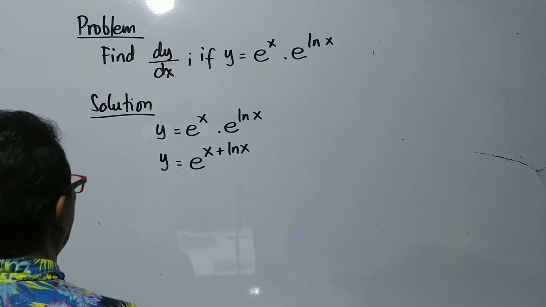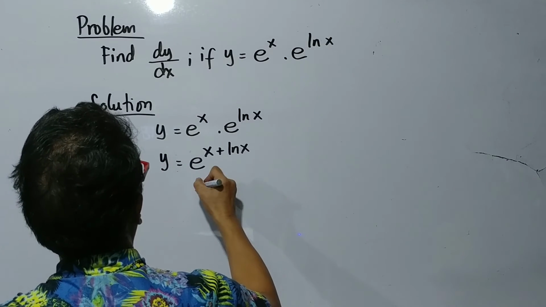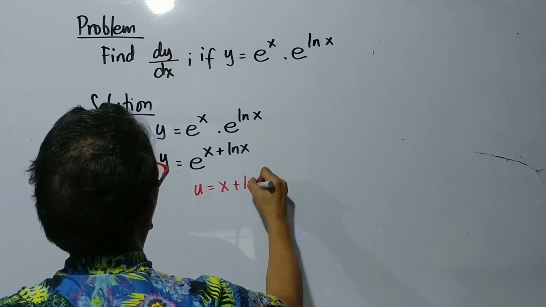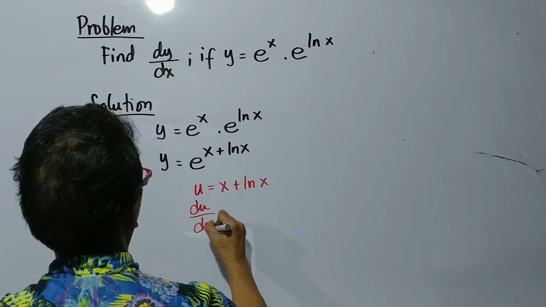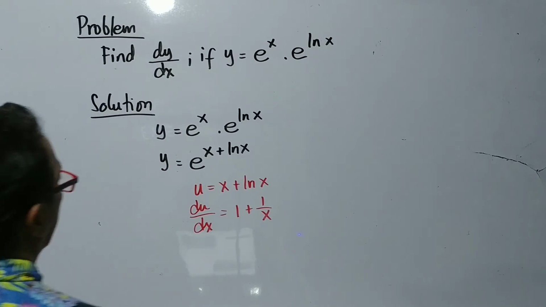Our u here is x plus ln of x. Our du dx is equal to 1 plus 1 over x.